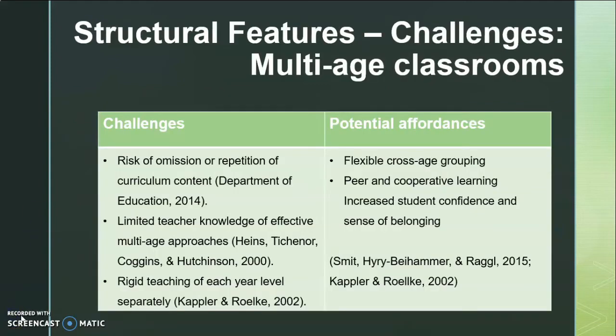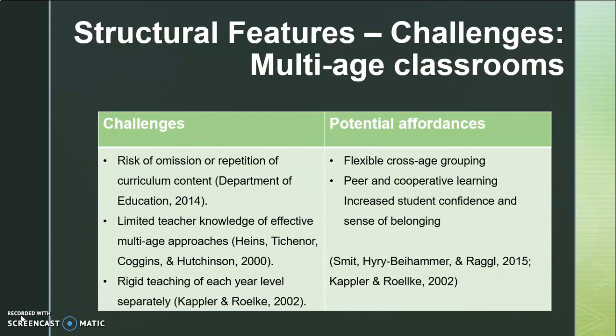Another structural feature considered was the multi-age structure of the classroom. Challenges of multi-age structures include the risk of omission or repetition of curriculum content, as well as limited teacher knowledge of effective multi-age approaches. These challenges can often lead teachers to implement rigid teaching of each year level's curriculum separately.